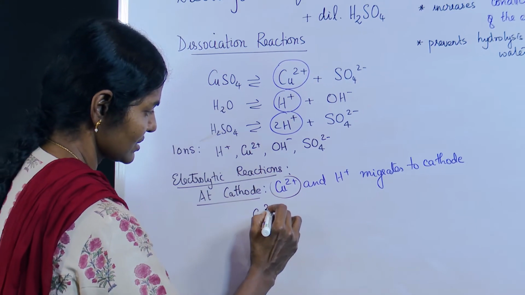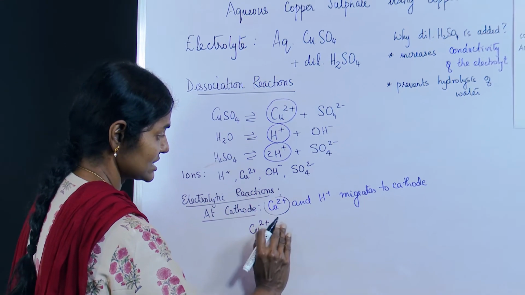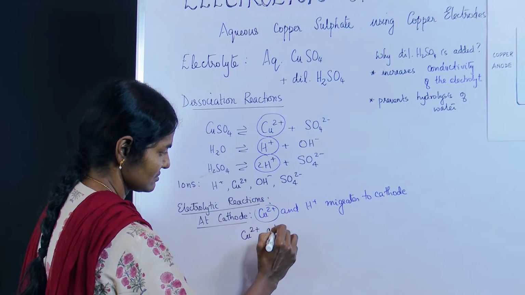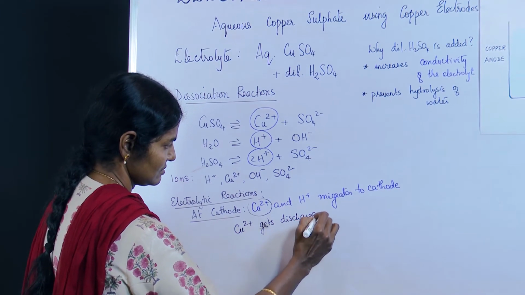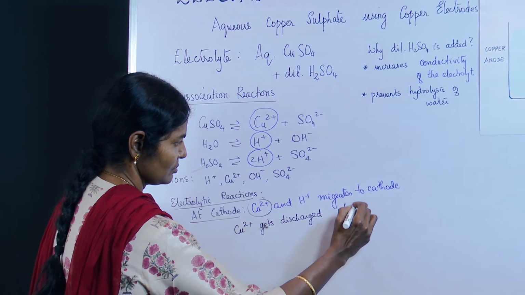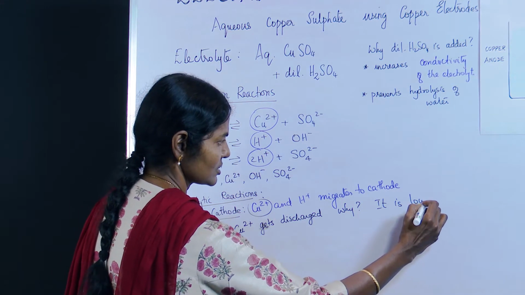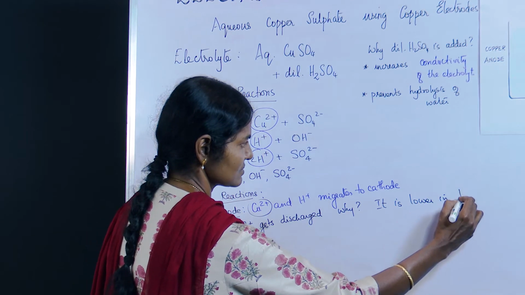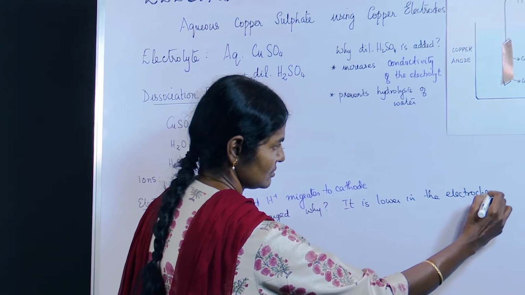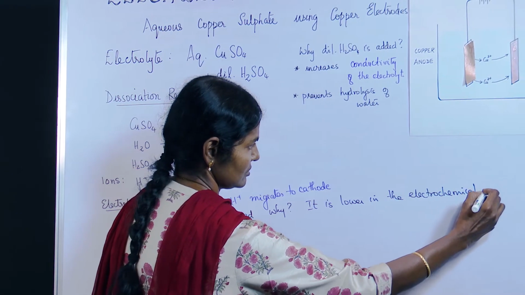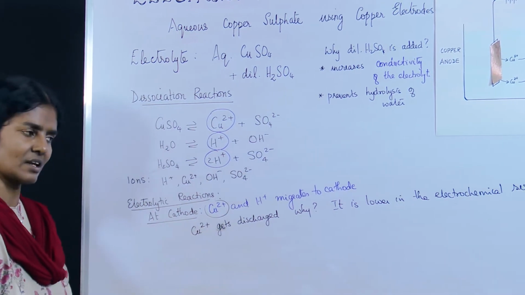So, it migrates and gets discharged. Why? Because it is lower in the electrochemical series. That is the reason why it is getting discharged.